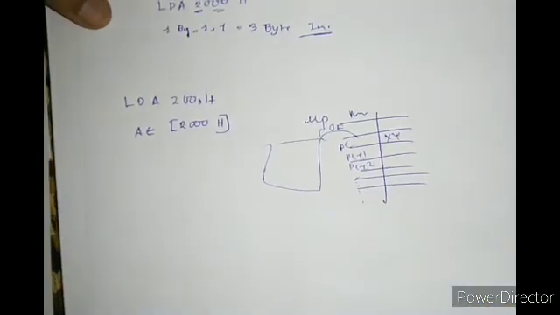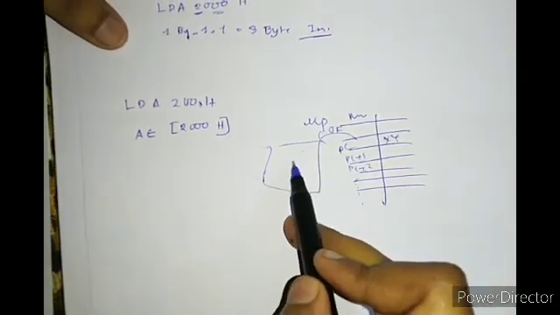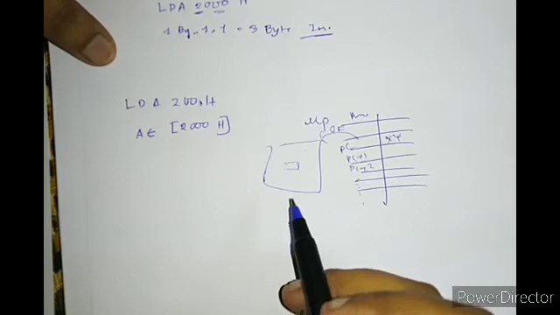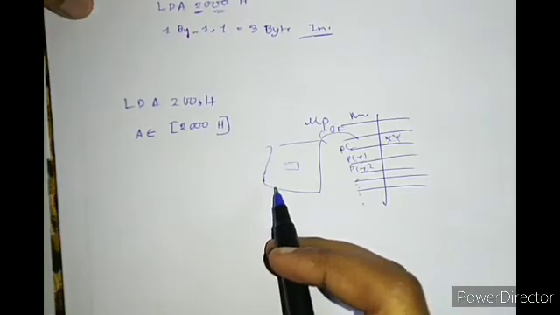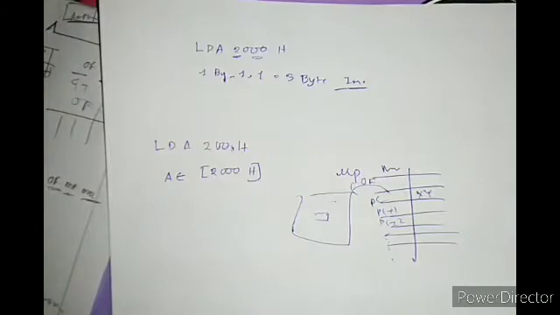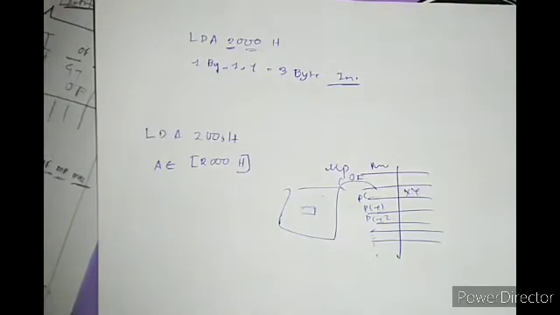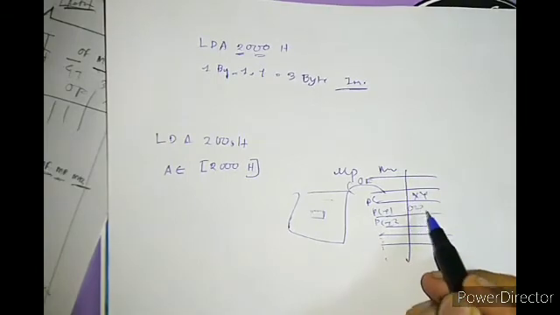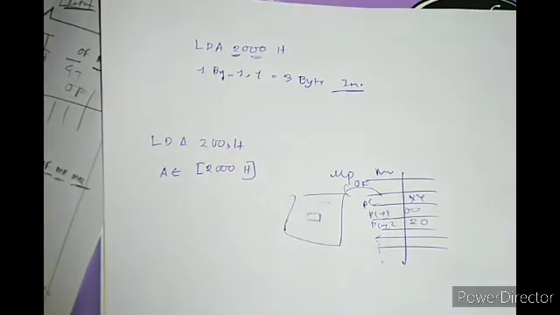After fetching is done, now in the decoding stage, μP understands that I have to get the data from location 2000H. But for that also I need 2000H. Okay, so I have to fetch this 00 and 20.